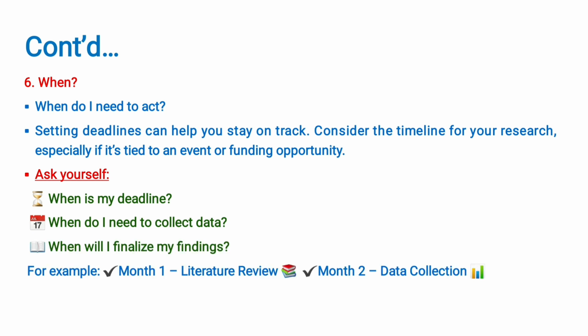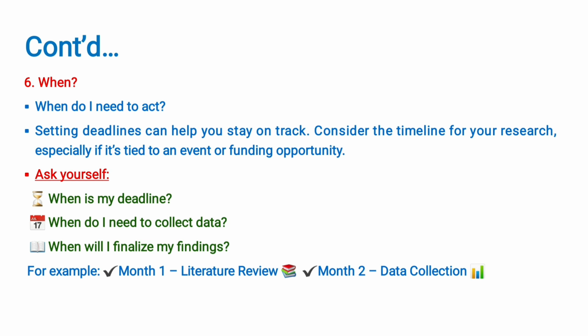For example, you can break your time into month 1 literature review, month 2 data collection, and month 3 analysis and writing. Because if your topic requires long-term studies, fieldwork or funding, make sure you plan accordingly. Good research, good time management.